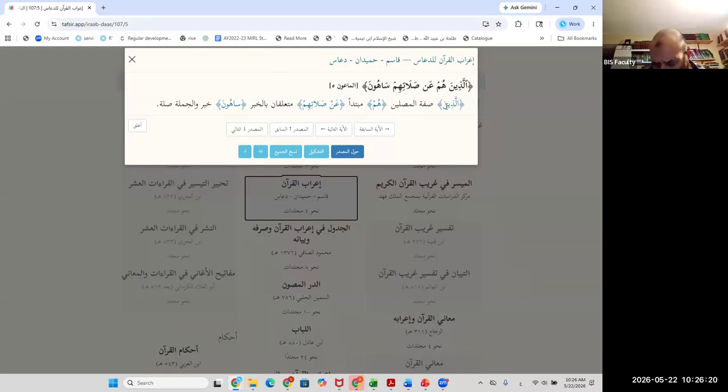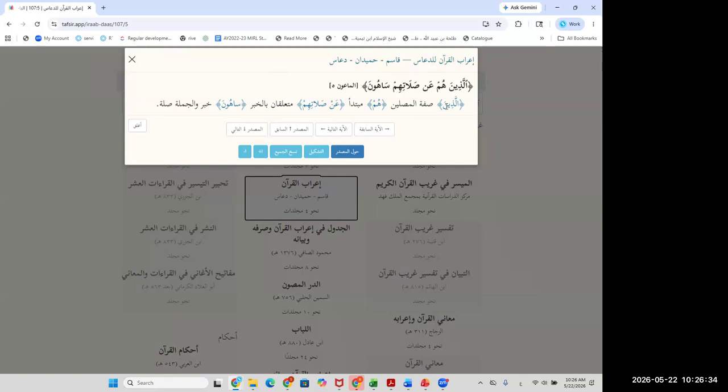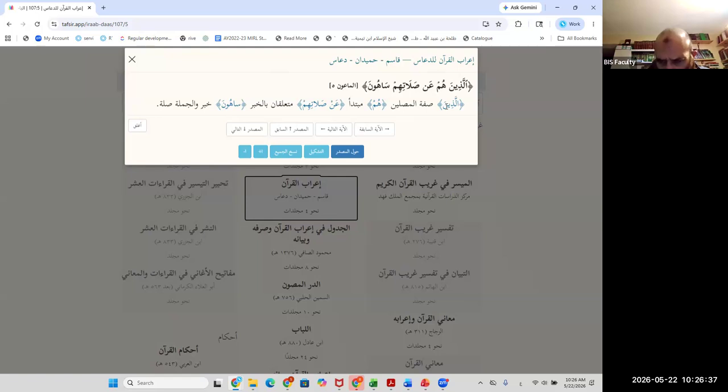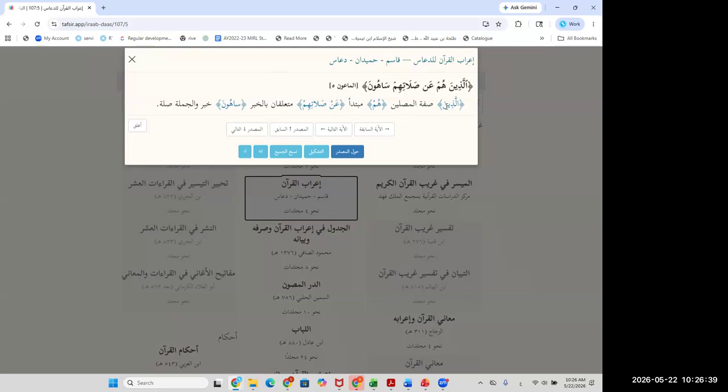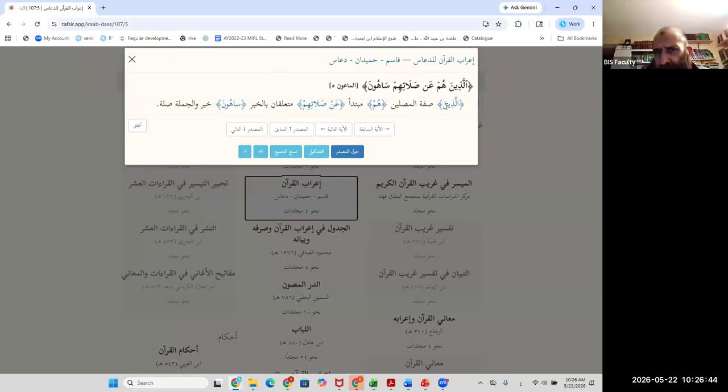In this case, the normal word order would be عن الذين هم ساهون عن صلاتهم. That would be the default order. So you could say that in this case, the default word order has been changed in order to preserve the rhyme at the end of the verse.